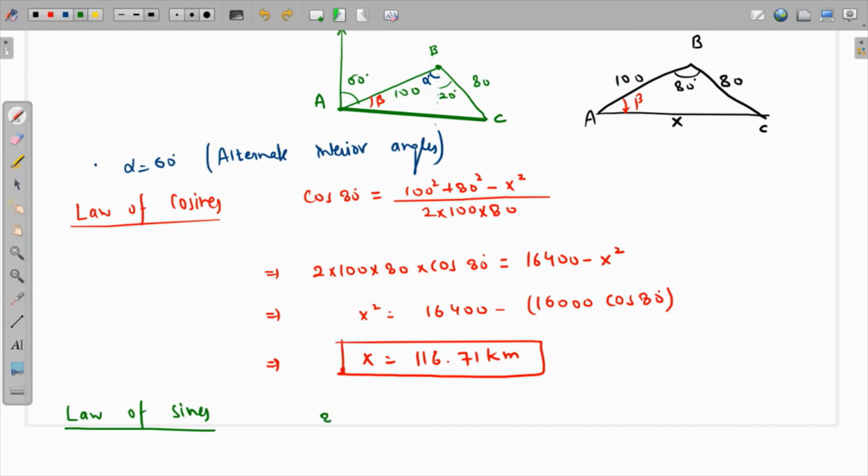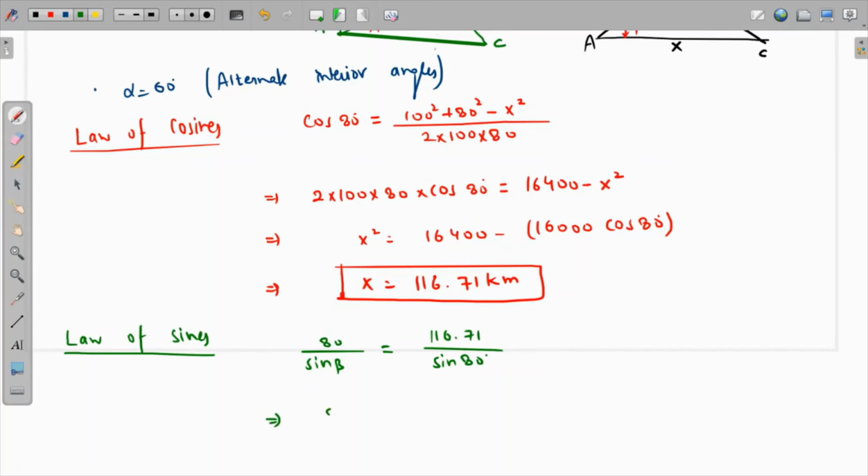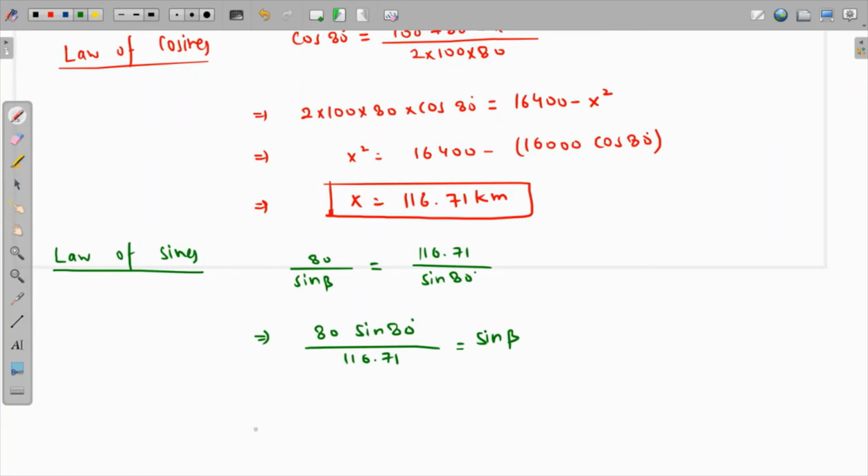So 80 over sine of beta is going to be equal to this opposite pair in which we know everything, x over sine of 80 degrees, where x is 116.71. So if you cross multiply, then we have 80 sine of 80 degrees over 116.71 is equal to sine of beta. And if you take sine inverse of both sides, then the value of beta comes out as, let me just grab my calculator.